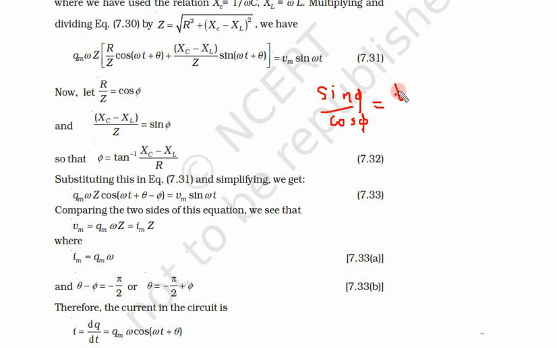We get tan phi, and tan phi is simply xc minus xl divided by r, because z and z cancel out. So phi is equal to tan inverse of xc minus xl upon r. This is very similar to the phase angle that we have got using the phasors method.